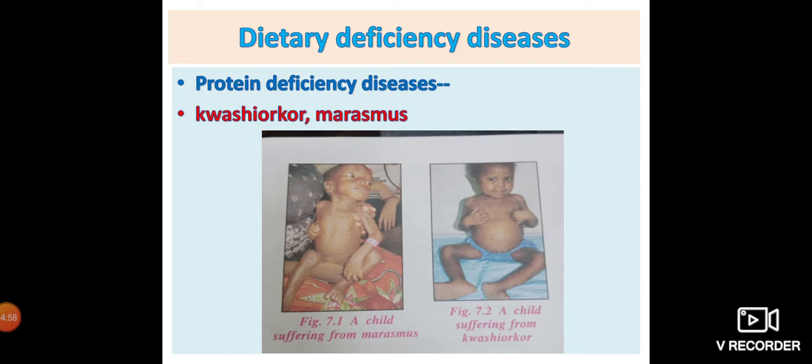So due to the lack of proteins in our diet, there is degeneration of muscles and also loss of body weight. Deficiency diseases means the diseases which occur due to the lack of nutrients in the diet.